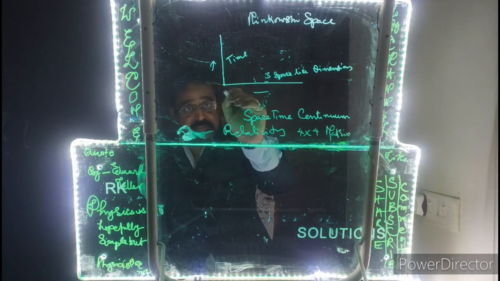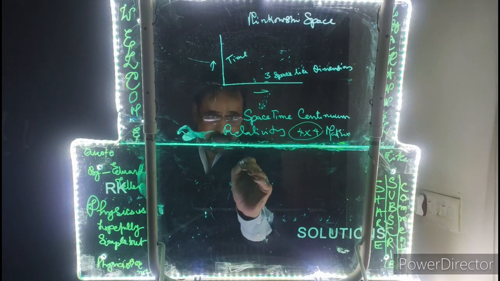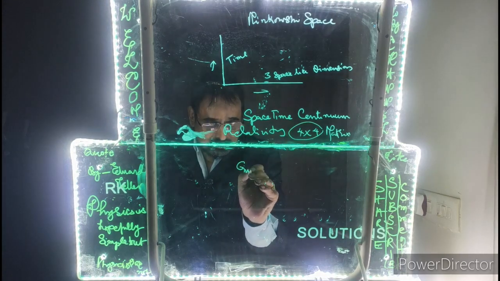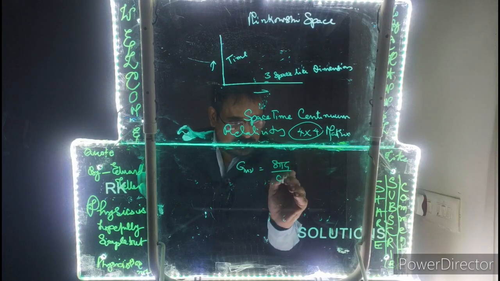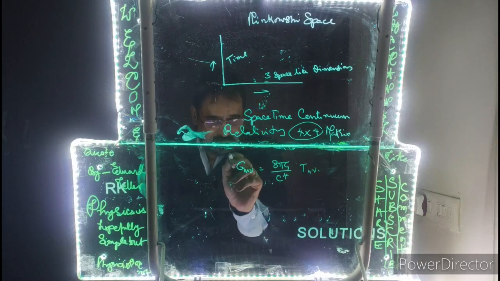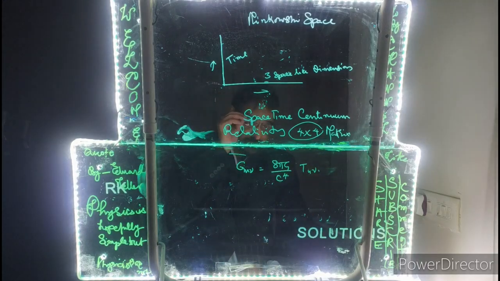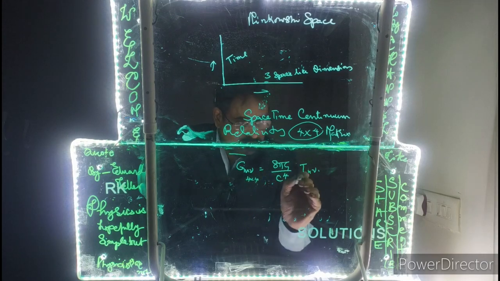So these are the 4 dimensions we included in this. Something like G mu nu equals 8 pi G by c to the 4 T mu nu, in the matrix form. He writes this as 4 by 4.